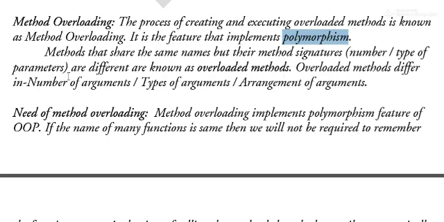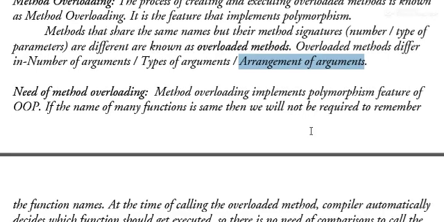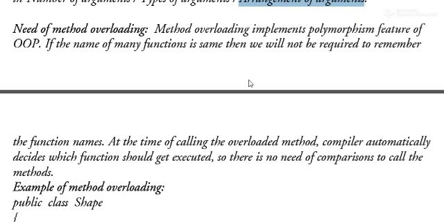Overloaded methods must differ in the number of arguments, types of arguments, or arrangement of arguments. By using method overloading, we can implement polymorphism, and if the name of many functions is the same, then we will not be required to remember the function names.